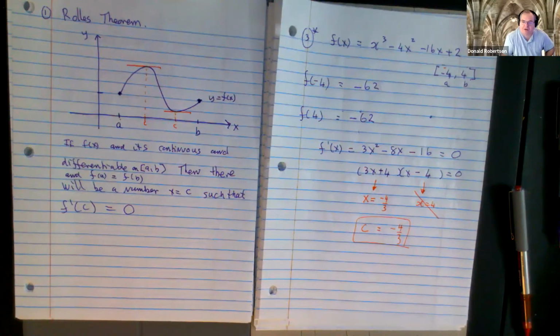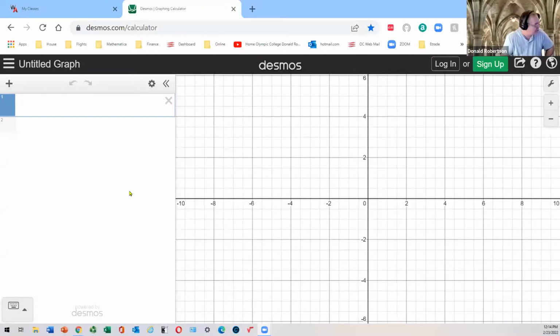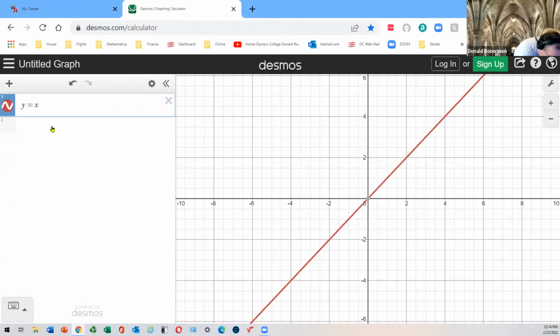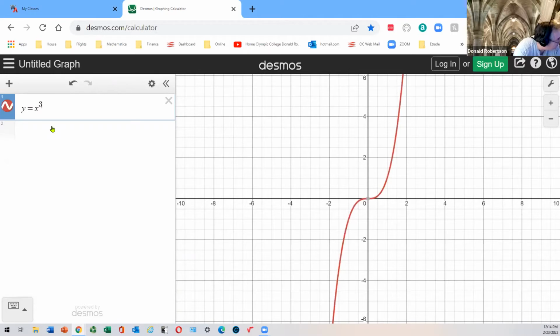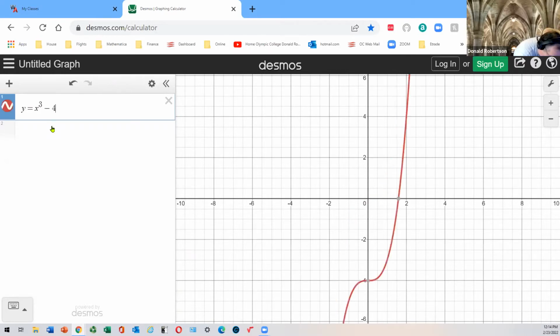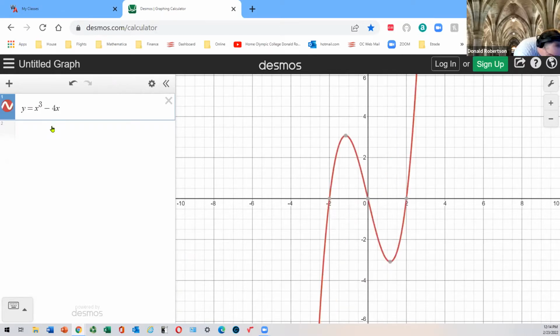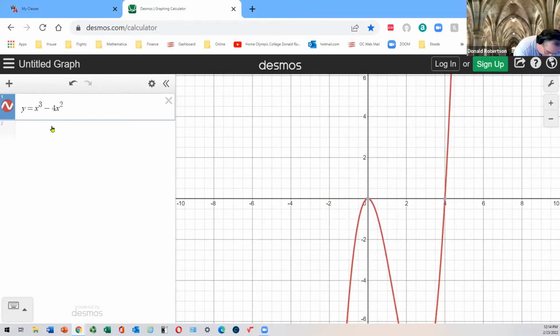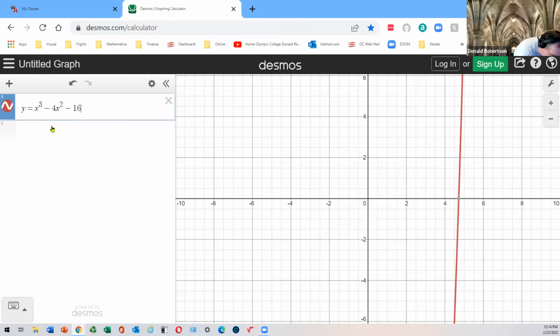Let me try and see if we can visualize that this actually does work. So I'm going to go here and I'm going to do y equals x cubed, take away 4x squared, take away 16x, add 2.